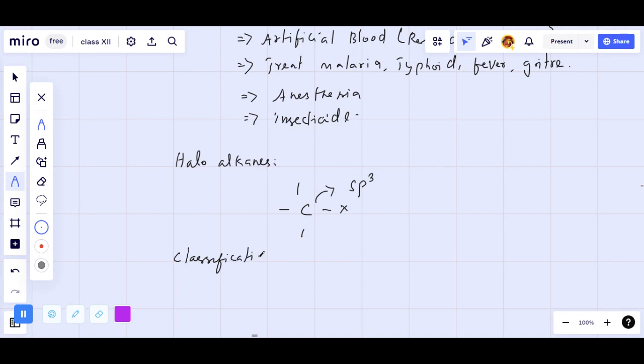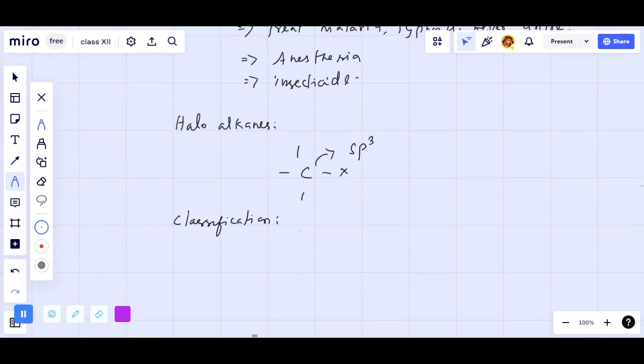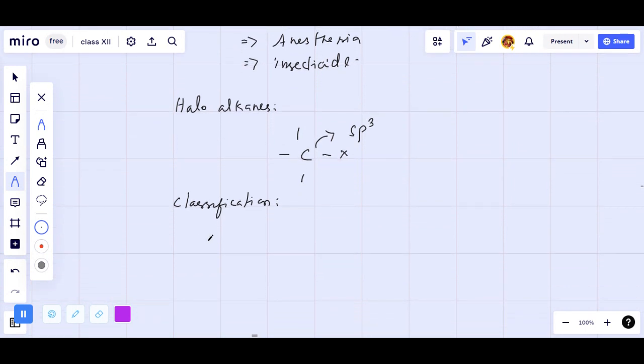The first classification is based on the number of halogen atoms attached.